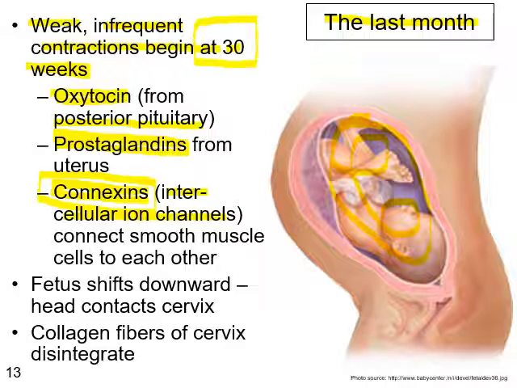So this process is starting at about 30 weeks, but it is weak, infrequent, and hardly detected.